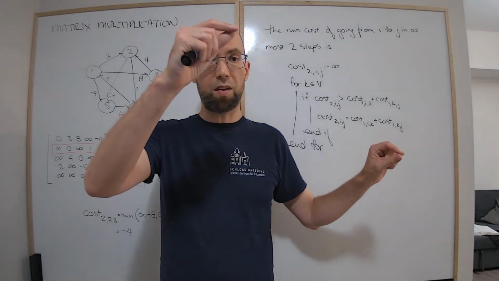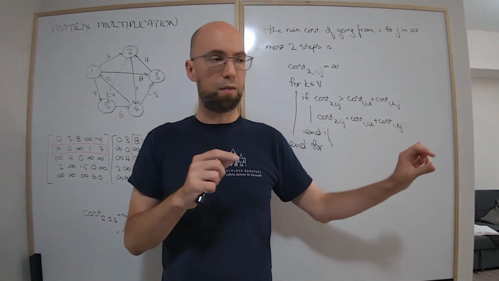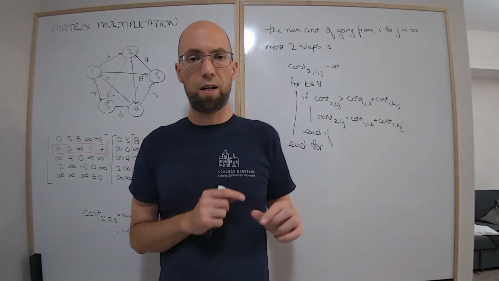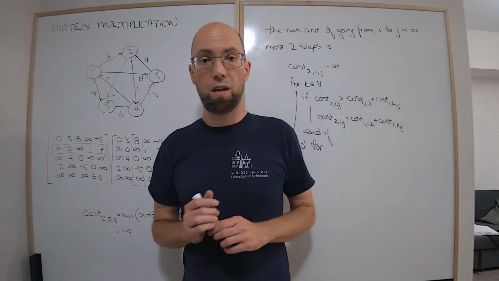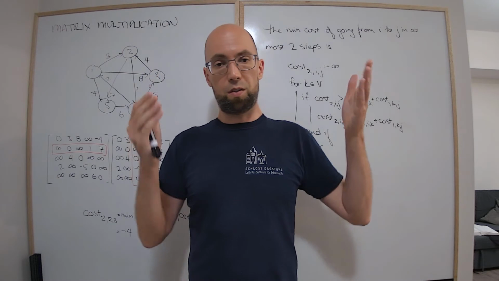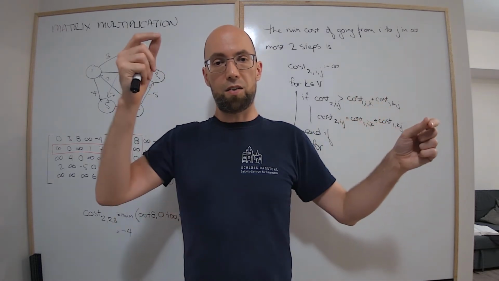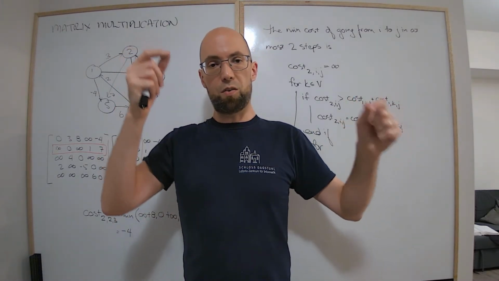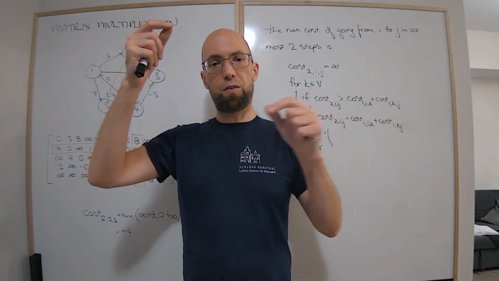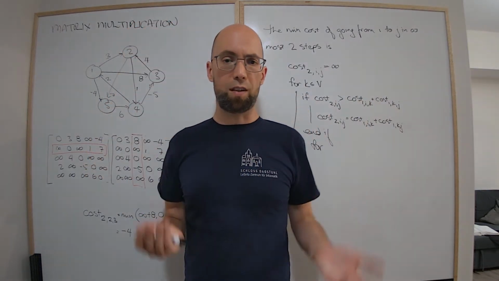and to work out the entry in the ith row and jth column, you work along the ith row in one matrix and the jth column in the other matrix, and you multiply each of the corresponding entries as you work along the row and down the column, and then you take the sum.